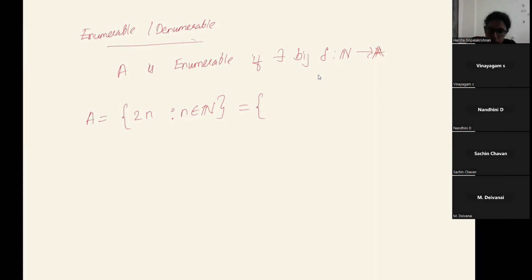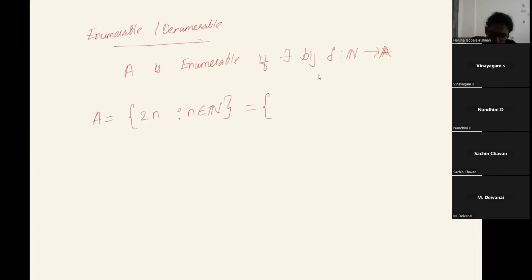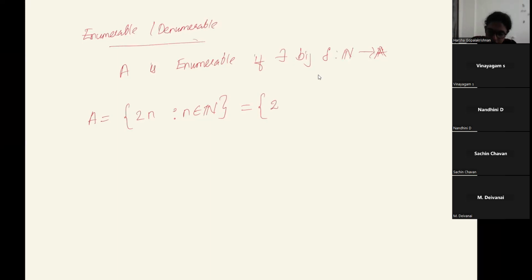N varies over the natural numbers 1, 2, 3, and so on, so we need to multiply each element by 2. So it is 2, 4, 6, 8, and so on. Like this it will go.